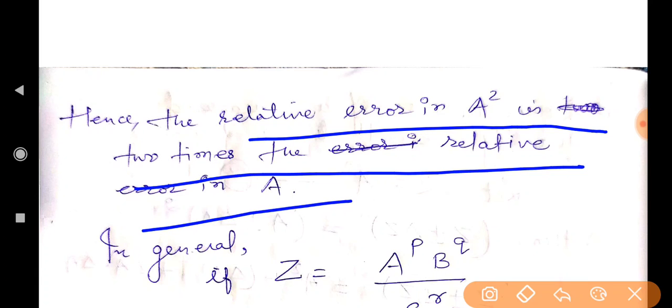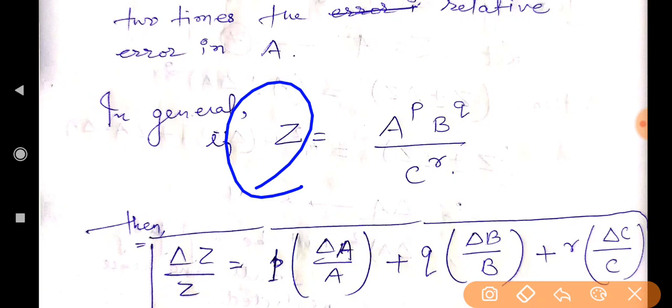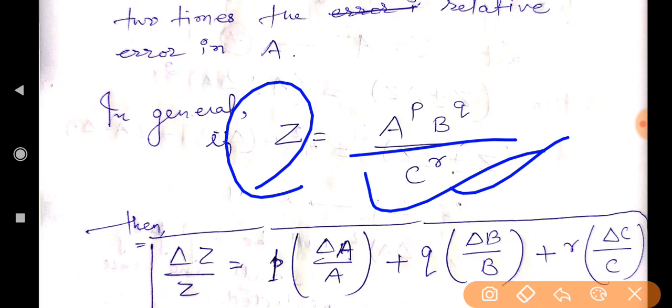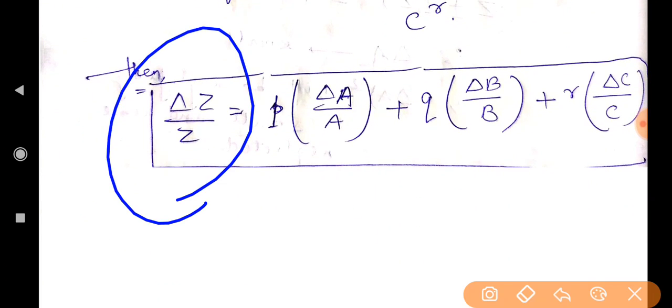In general case, we can assume like this: if z is a physical quantity taken as a to the power p, b to the power q, whole divided by c to the power r, then the total maximum relative error in z is given by, you have to just bring the power before the relative error.